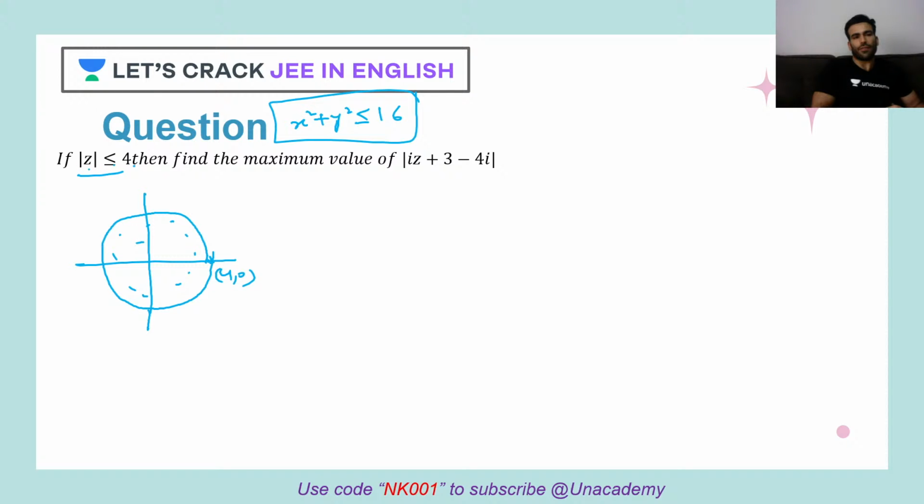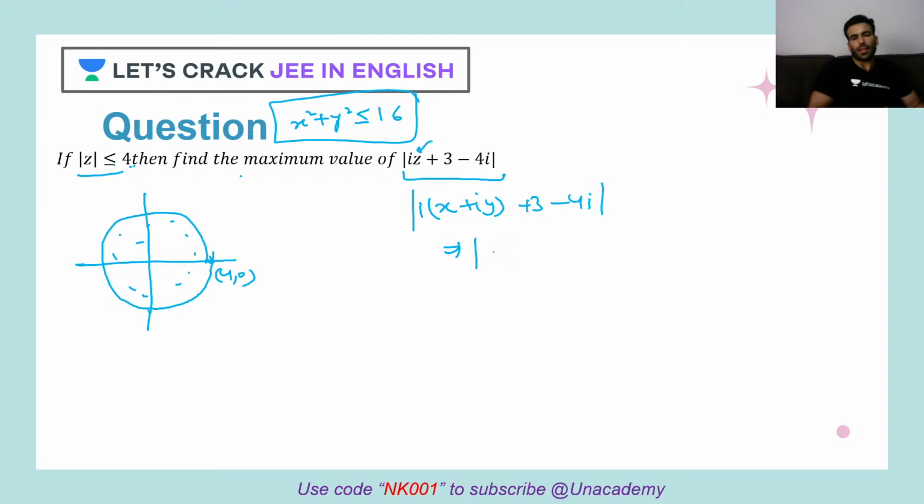Now if mod of z is less than or equal to 4, then we have to find the maximum value of this. It seems as if someone is talking about the distance of this general point x plus iota y from another point. Let's calculate that point also. So x plus iota y into iota plus 3 minus 4 iota.